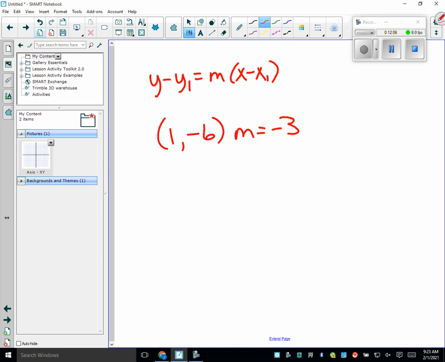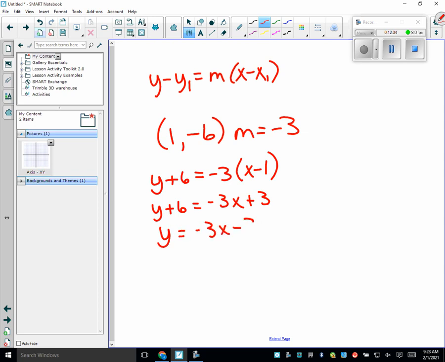Yep. So y plus 6 equals negative 3 times x minus 1. So y plus 6 equals negative 3x plus 3. So y equals negative 3x minus 3. Right? You good with that?